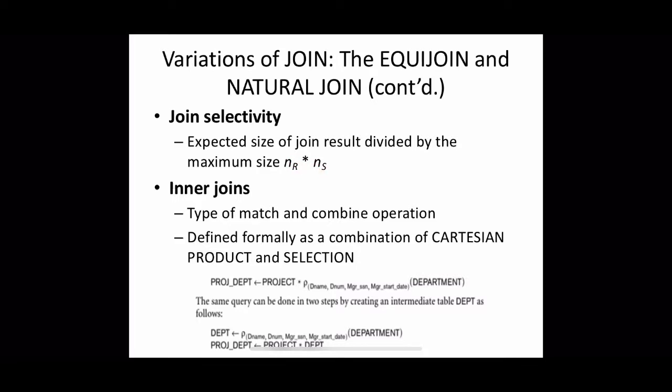So the expected size of the join result, whatever it may be between 0 and nr star ns, divided by the maximum size, that is the denominator, that ratio is called join selectivity, which is a property of each join condition.